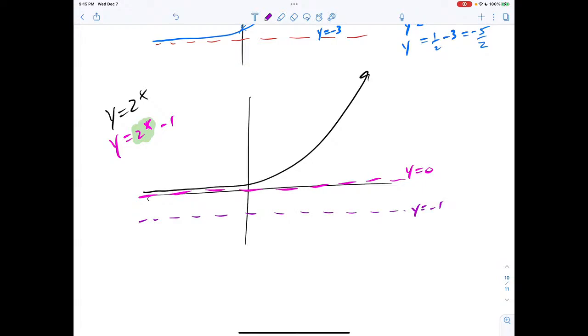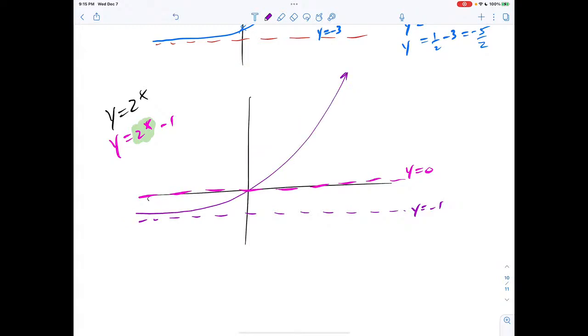Now it's going to look like this. That'll look like that for this one. This would be y equals 2 to the x minus 1.